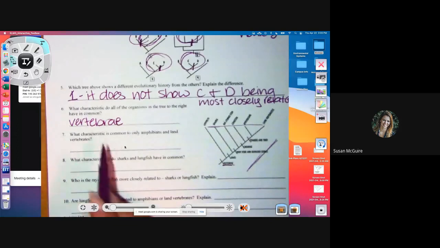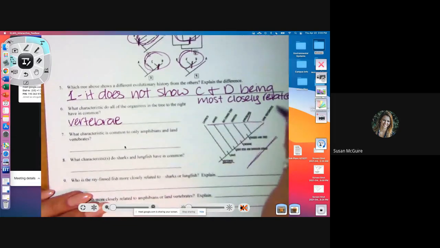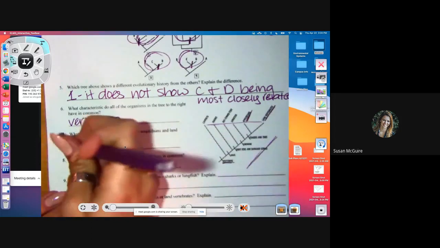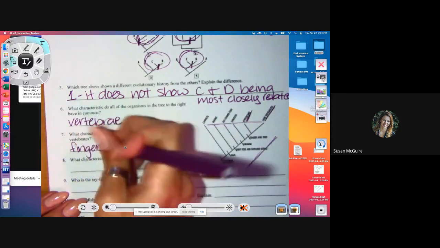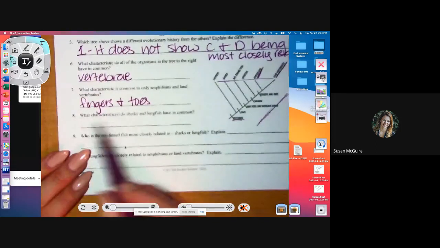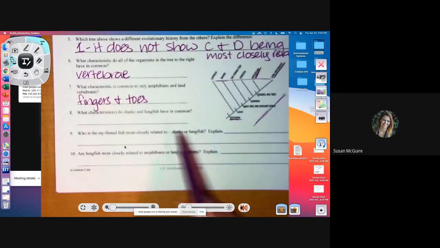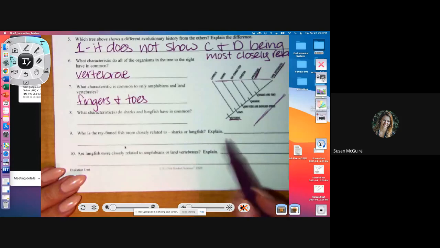What characteristic is common to only amphibians and land vertebrates? Fingers and toes. What characteristics do sharks and lungfish have in common? Vertebrae.